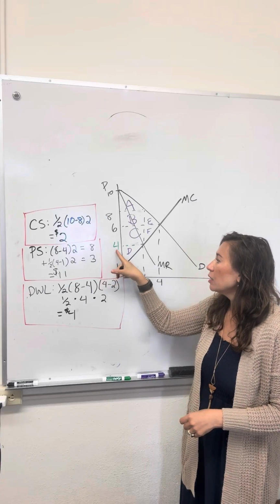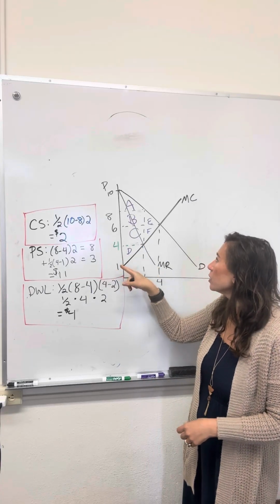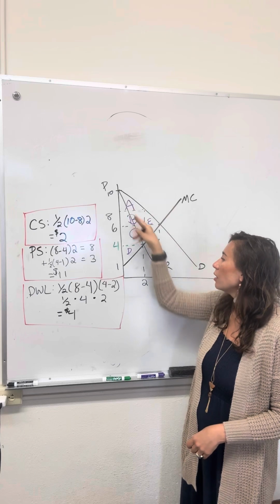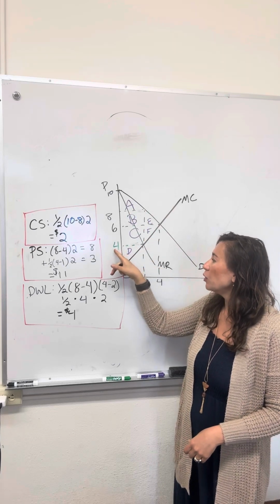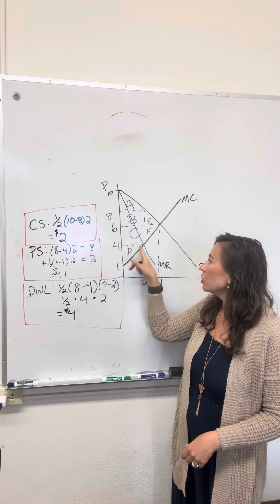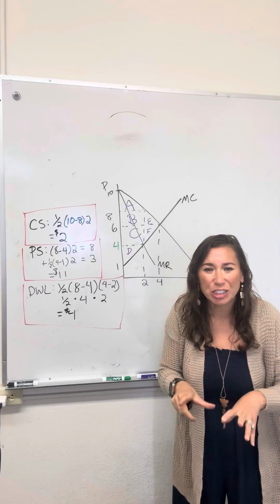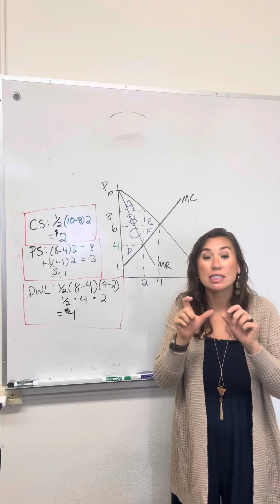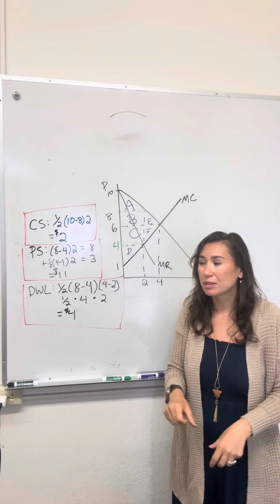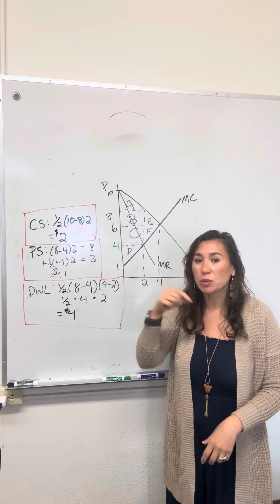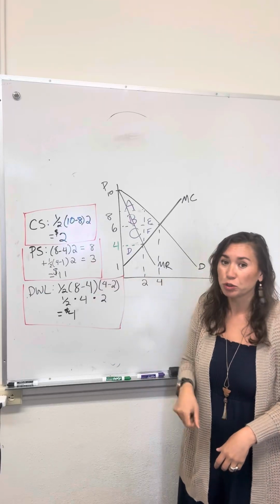Now I put this number 4 in green because in order to get it, we would have to set marginal cost equal to marginal revenue in order to get the number associated with that intersection. It doesn't actually mean anything. You're not going to see it charged in the marketplace. It's just a means to an end, and the end is producer surplus.